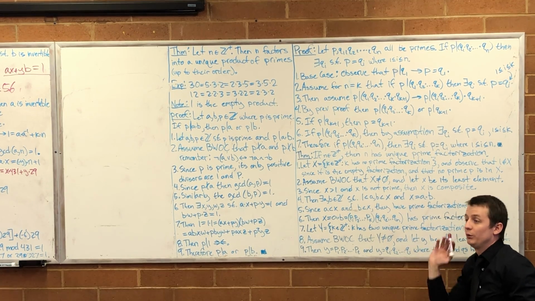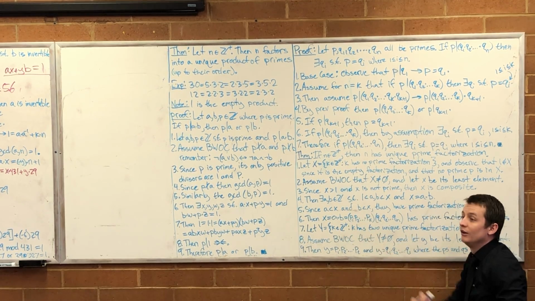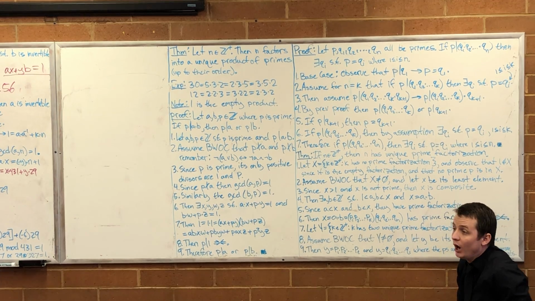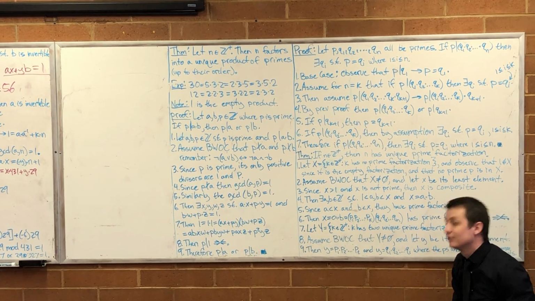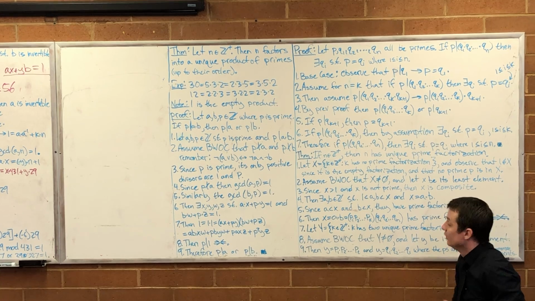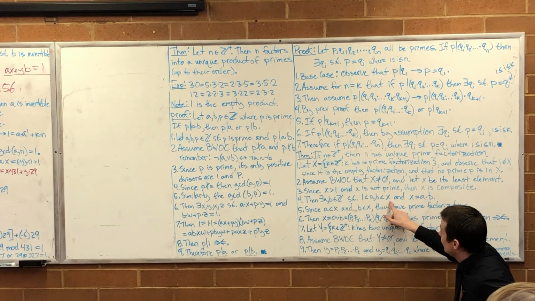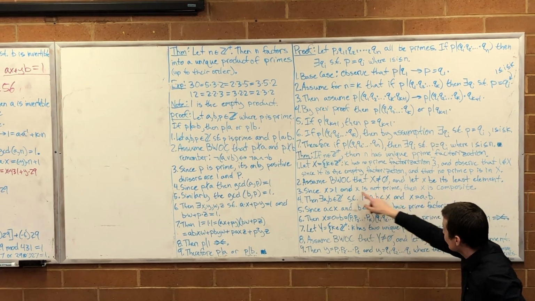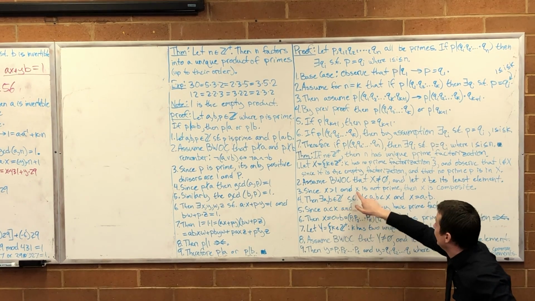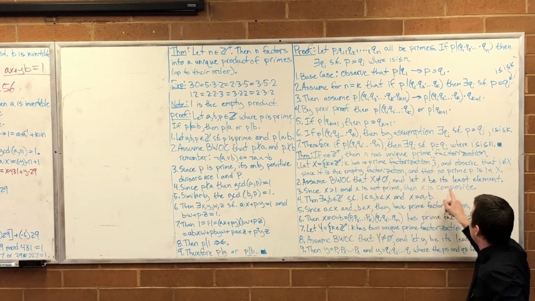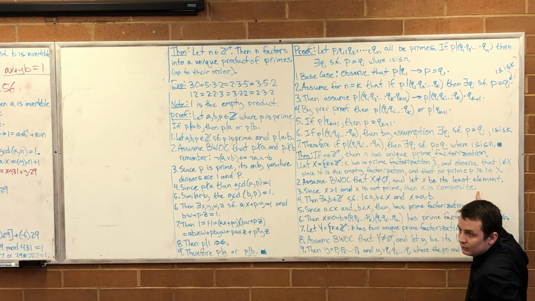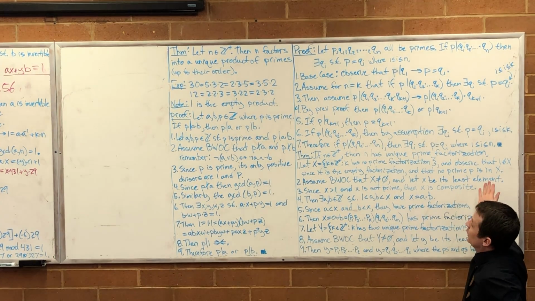We did a proof way back when we were talking about primes and composites that every number greater than 1 that isn't prime is composite. So since x is a number greater than 1 and x is not prime, then x is composite. What does it mean for a number to be composite?